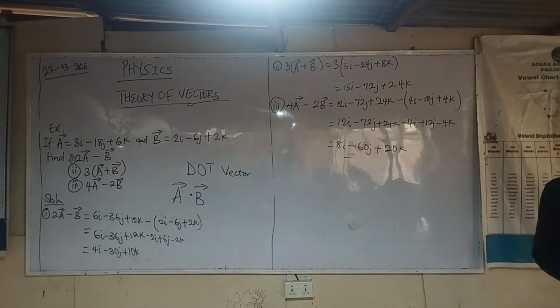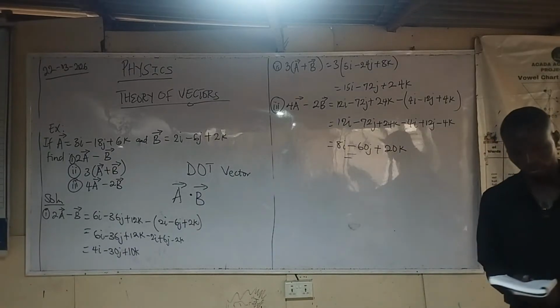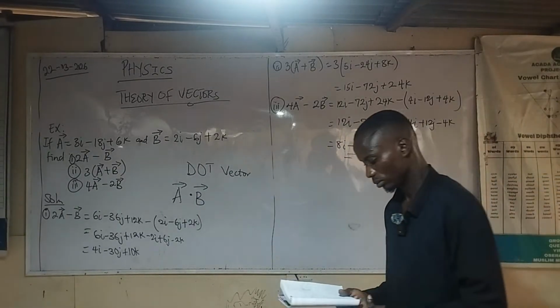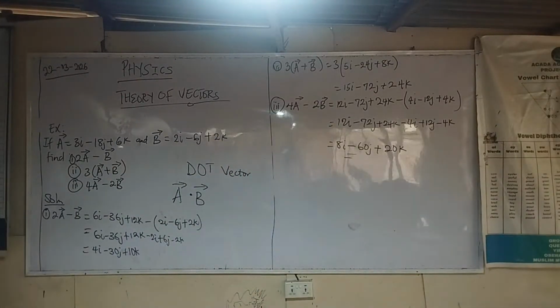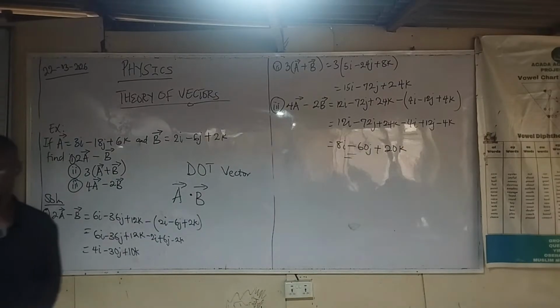The denotation depends on the question given. Sometimes it can be vector B and C, so it will be B dot C.